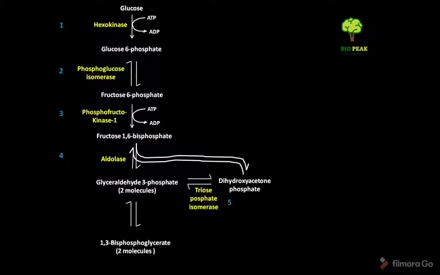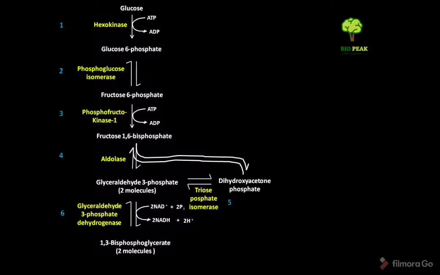In this reaction, 2 Pi, or inorganic phosphate, and 2 NAD plus form 2 NADH and H plus ions. This step is named step 6 and is catalyzed by glyceraldehyde 3-phosphate dehydrogenase.